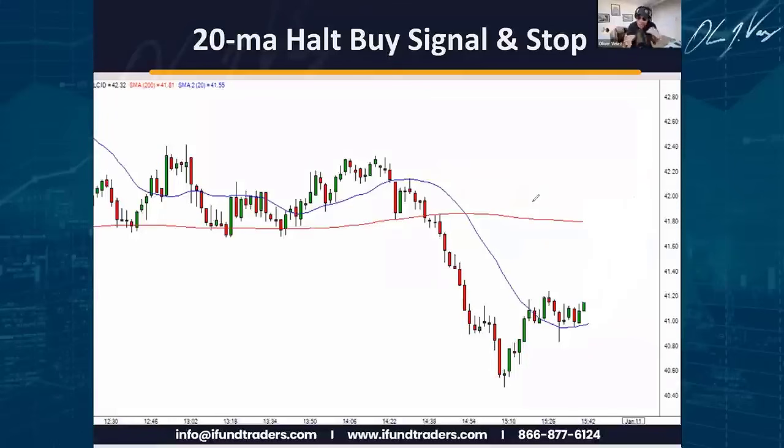Now, once it sears through the 20, we're watching closely. How does the next pullback fare? And if the 20-period moving average catches that next pullback, the plan goes into play. We grab the most recent red bar, we mark off the high, and if a green bar takes out that high, boom, protect ourselves under the halt.